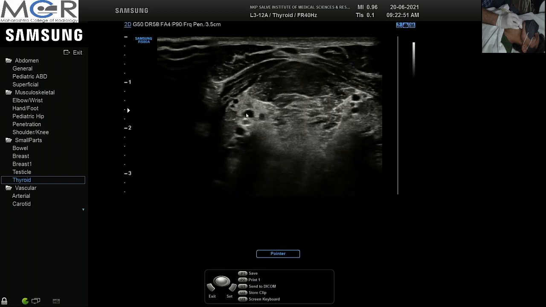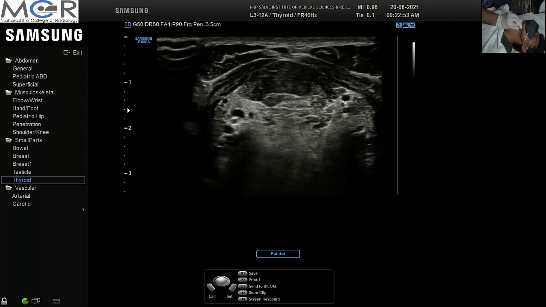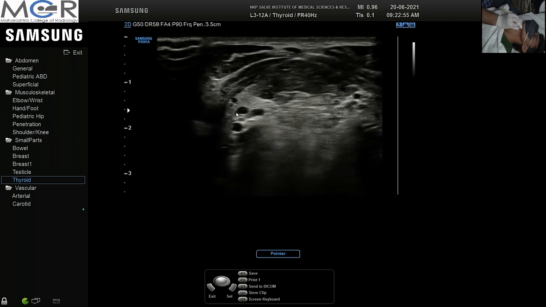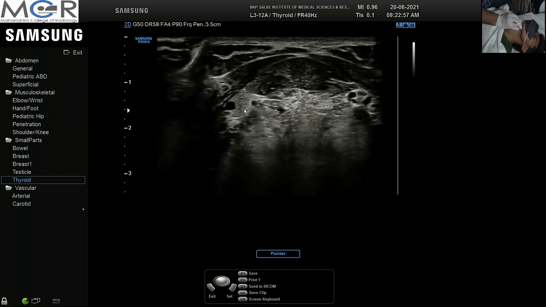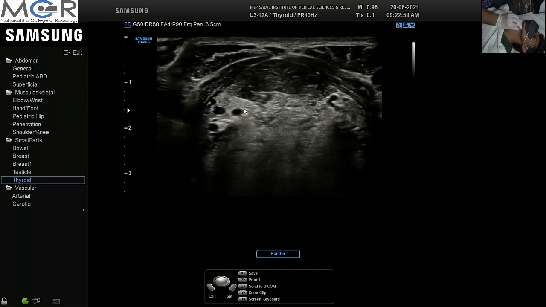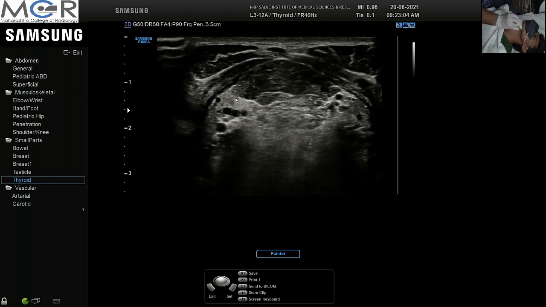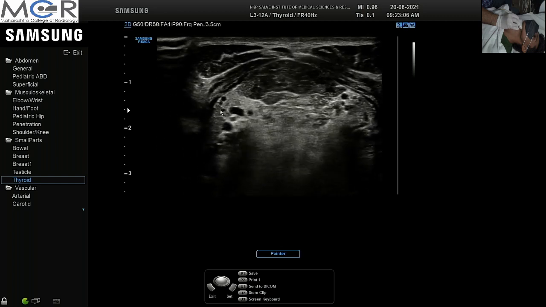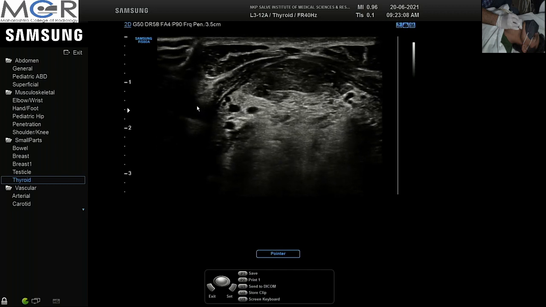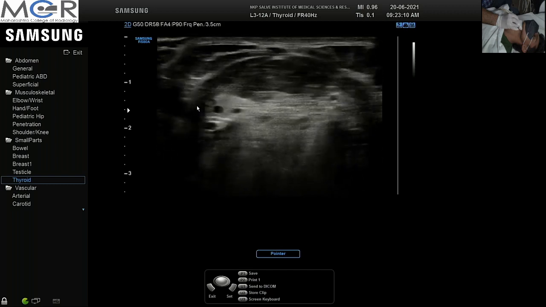The sublingual space communicates with the contralateral space and also with the submandibular space, and posteriorly with the parapharyngeal space. So the examination of the sublingual space is not complete without examining the submandibular space because of the communication.